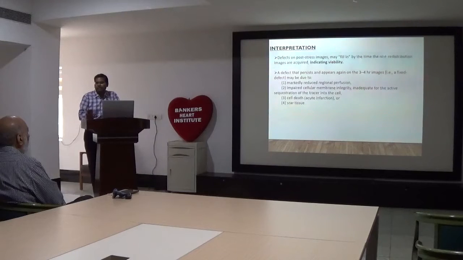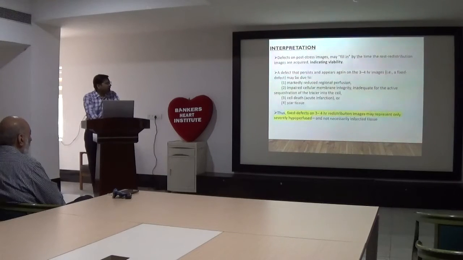Now, if there is a defect at the baseline, that suggests there is some impairment of the oxygenated blood flow, some impairment of the viability. But if this defect persists even after 3 to 4 hours, that indicates markedly reduced perfusion, a significant reduction in the perfusion, but still we cannot say it is necrosed even after 3 to 4 hour images.